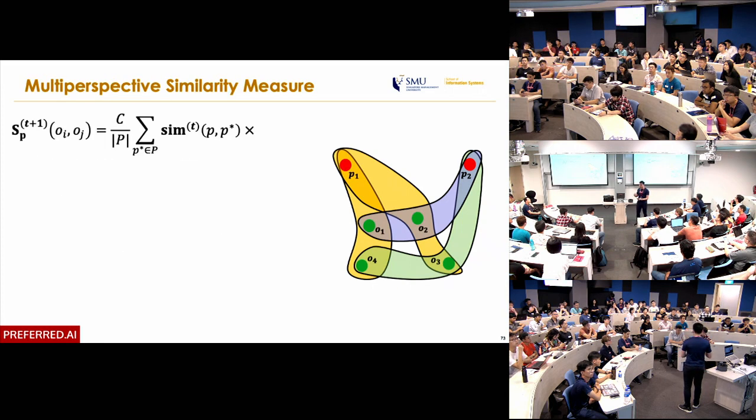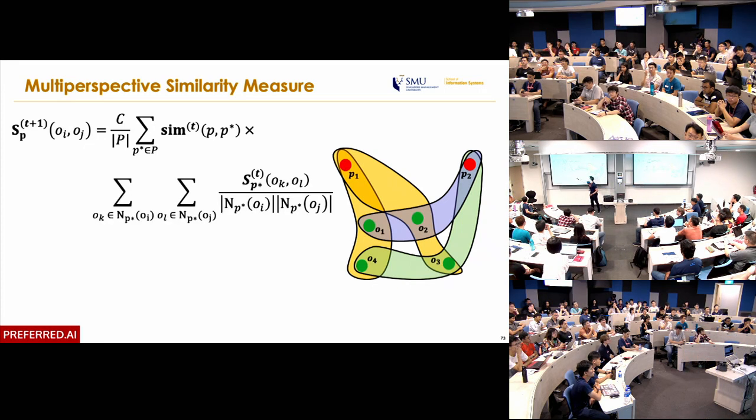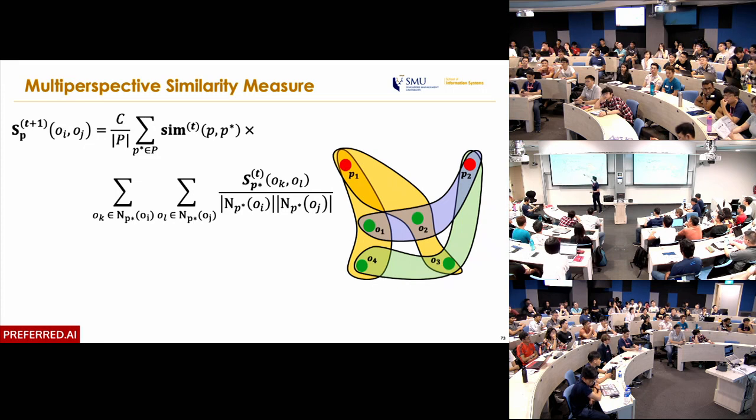And the way we measure it is that, given a perspective P and two objects I and J, you first look at other perspectives and you want to see how those perspectives think these two objects are similar. And then you weight it by the similarity between the perspective and another perspective.